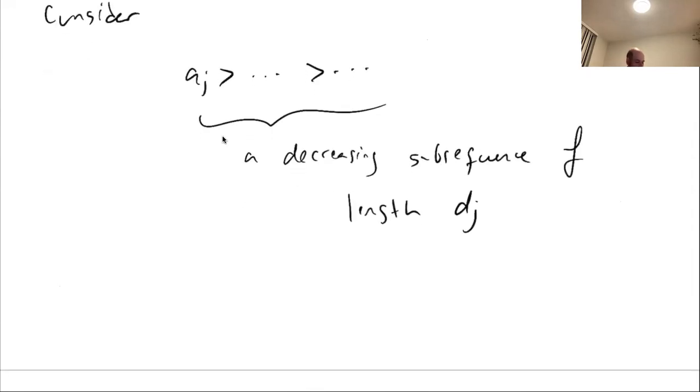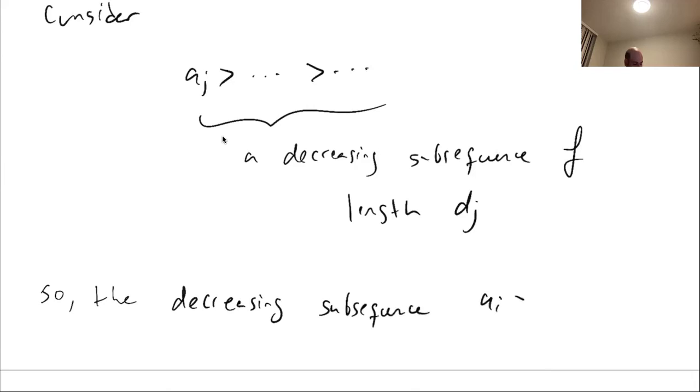Now, if I add AI to this decreasing subsequence, AI bigger than AJ bigger than the rest.